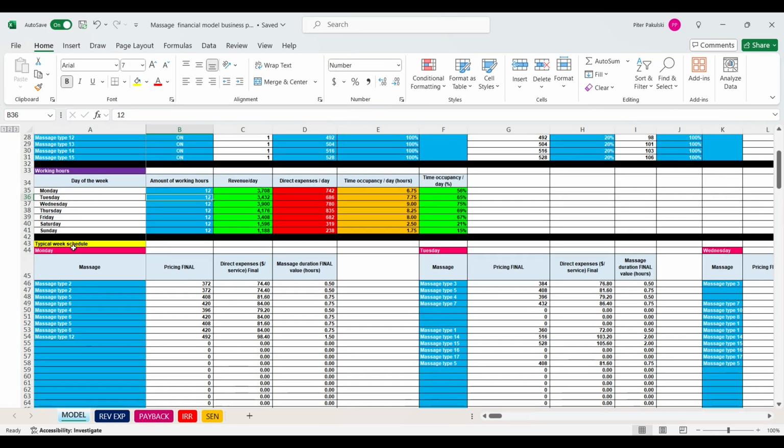Next block of inputs. Here we have a typical week again, but this time we will be specifying what services will be done each day. If we exceed the working hours, we will see red here.